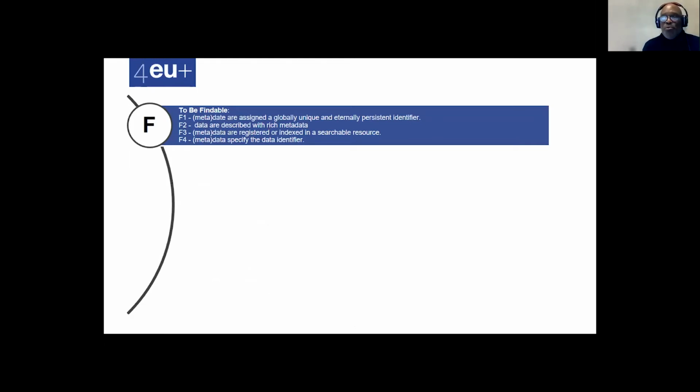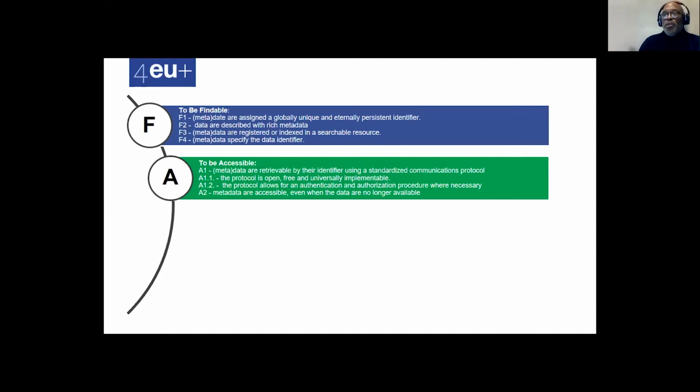The F2, data is described with rich metadata, and the F3, metadata is registered and indexed in a searchable resource, and the F4, metadata specifies the data identifier. This is the first letter in the FAIR data principles.